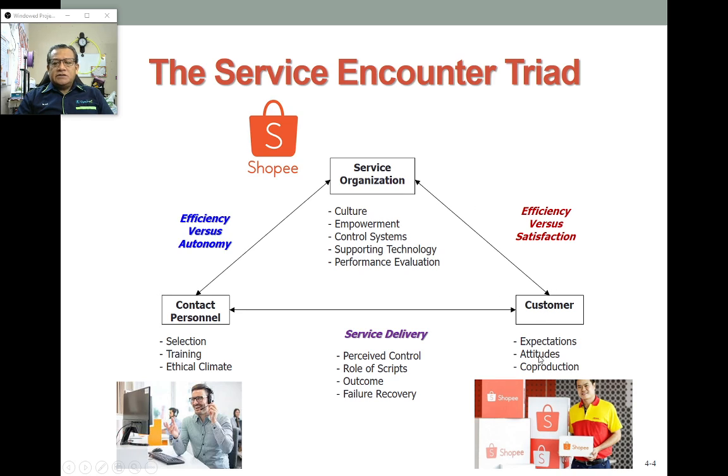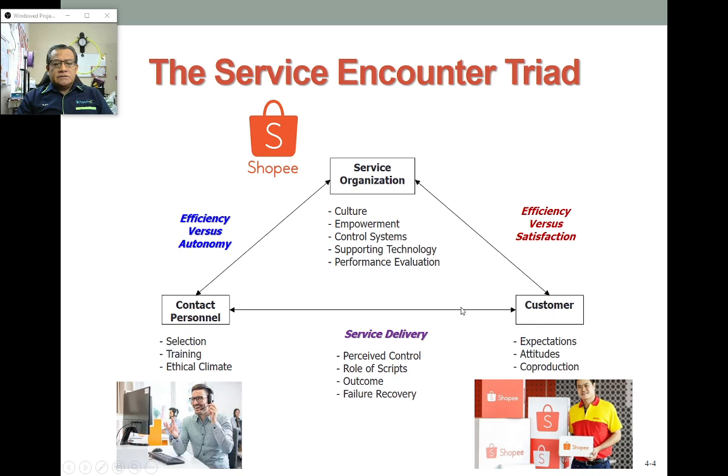The attitude of the customer is basically that they want the product fast, so they expect the delivery to be on time. As such, the interconnection between service organization and customer is based on efficiency. Efficiency means that the customer can get their product within the expected time, and customers also need a very strong satisfaction level when dealing with service organizations such as Shopee.